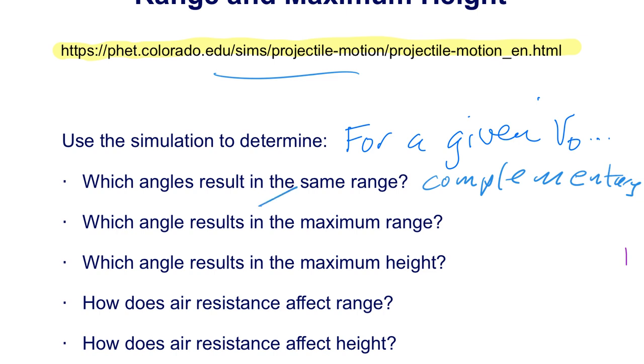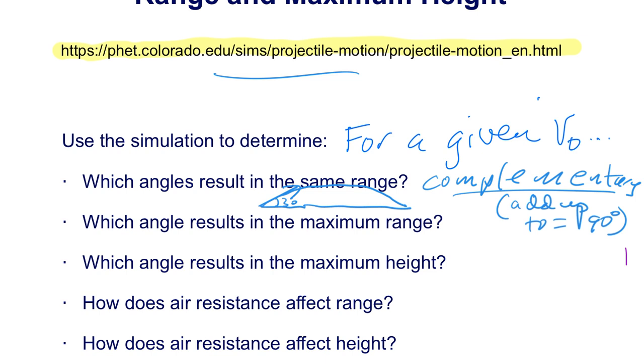So if you shot something at 30 degrees, it went like that. For 60 degrees, which is complementary. Complementary means add up to be 90 degrees.